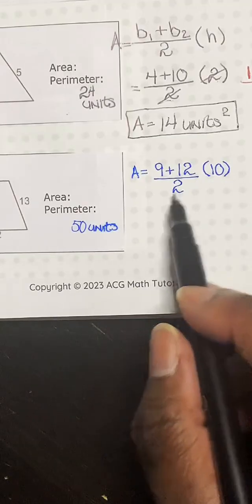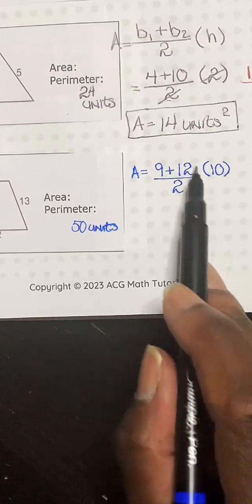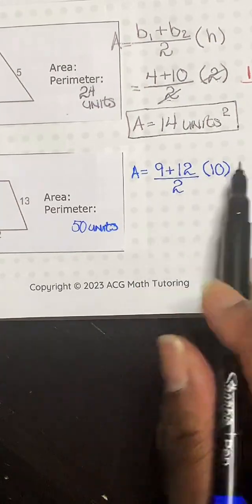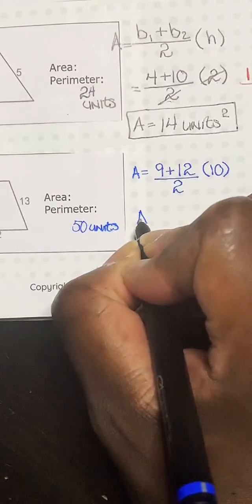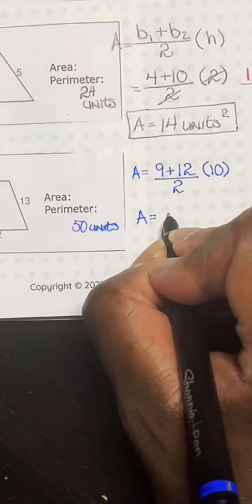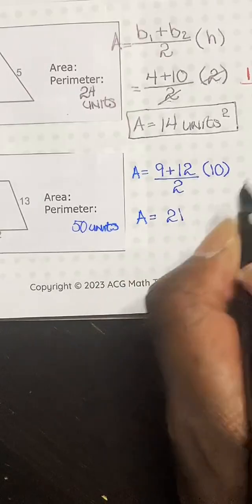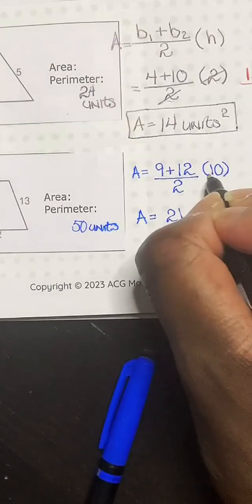We could divide them. If you want to add this stuff together and then do the distributive property, you can do that as well, but make it easy for yourselves. So we got 21, and I can simplify the 10 and the 2.